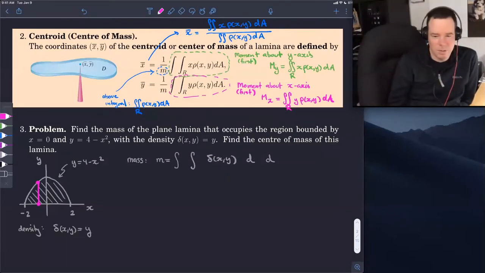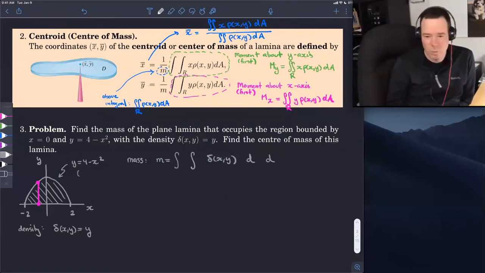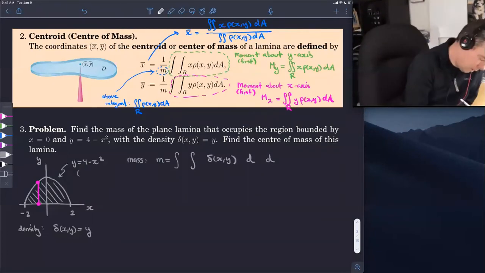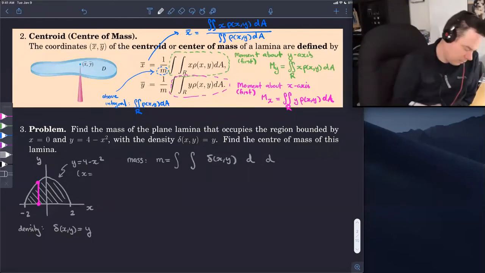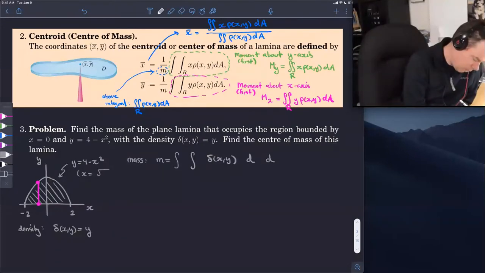If I wanted to do the integral along the horizontal direction, then for any given y value, I'd have to figure out what x is in terms of that. That would involve finding square roots or rewriting the function. So what am I saying here? When I'm looking at these boundary curves, if I was to isolate x in terms of y, that would be the square root of 4 minus y.